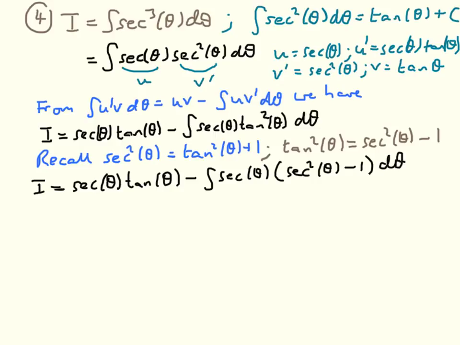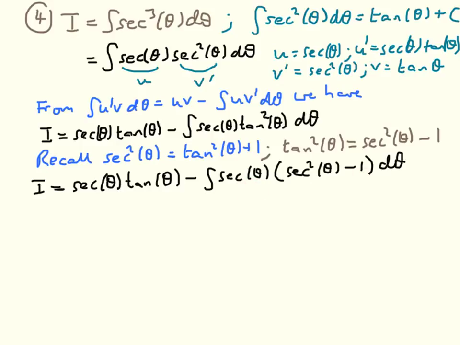And what we have done now is we've turned this integral here into actually a difference of two integrals. One is the integral of sec theta times sec squared theta, and that is therefore sec cubed theta, and that is our initial integral, minus the integral of sec theta times 1, so just the integral of sec theta.